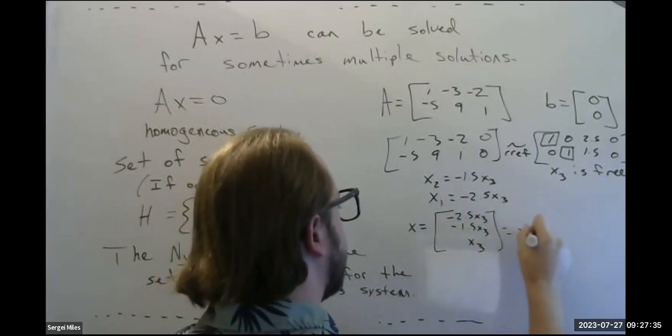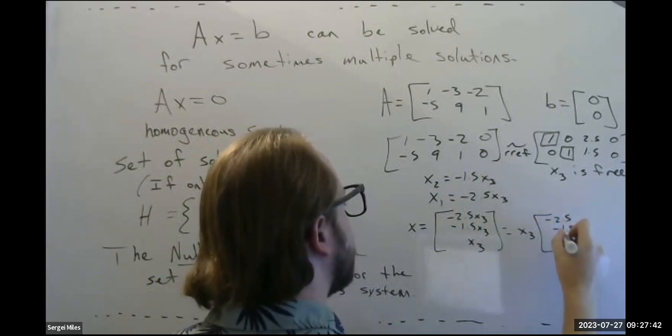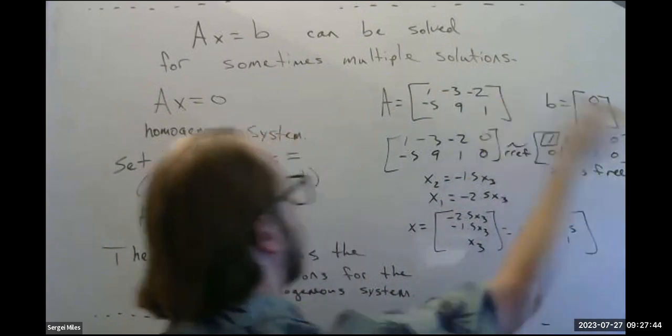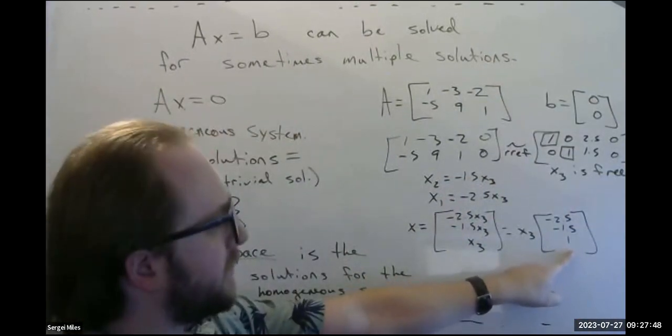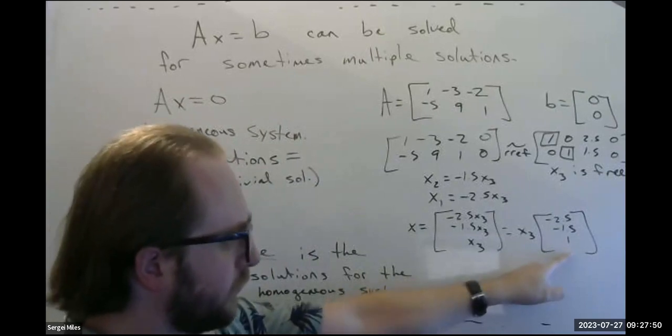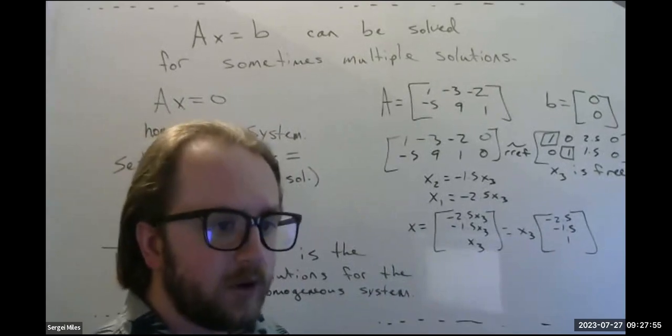And if I factor out the x3, that means every single possible solution for this homogeneous system is some multiple of this vector right here, right? So this is what is going to give us our null space.